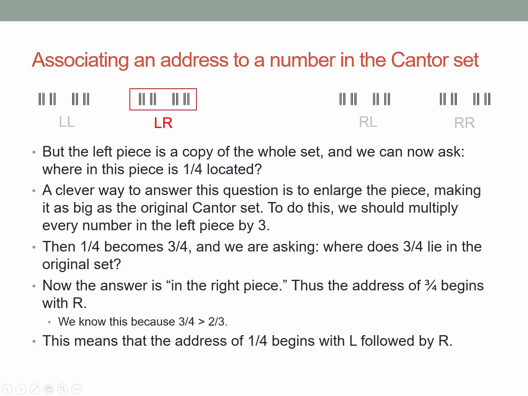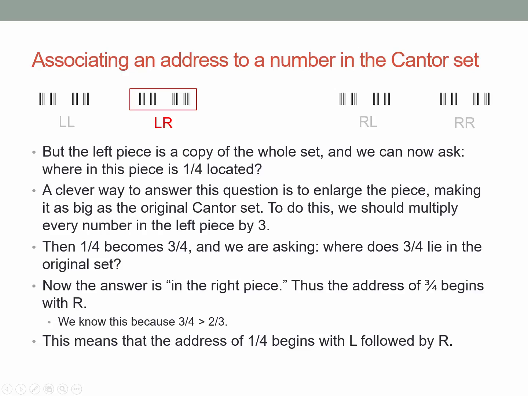Now where is the number 1/4 located? Well, a clever way to answer this question is to enlarge the left piece of the Cantor set, making it as big as the original Cantor set. The way that we do this is very simple. We simply multiply every number in the left piece by 3.